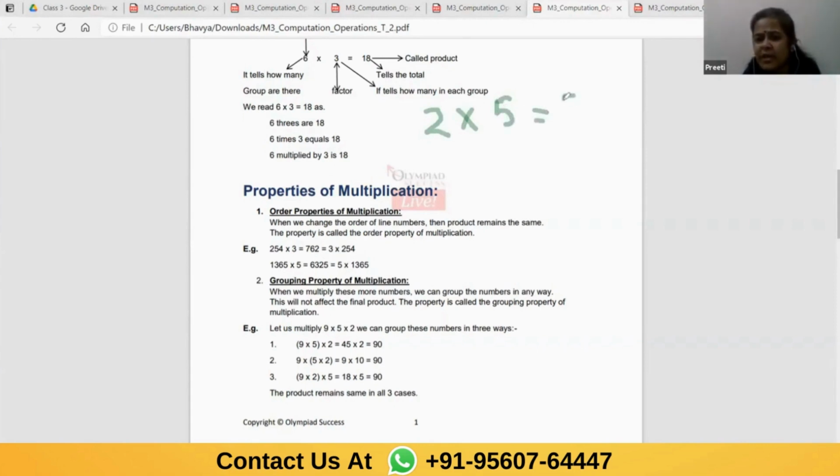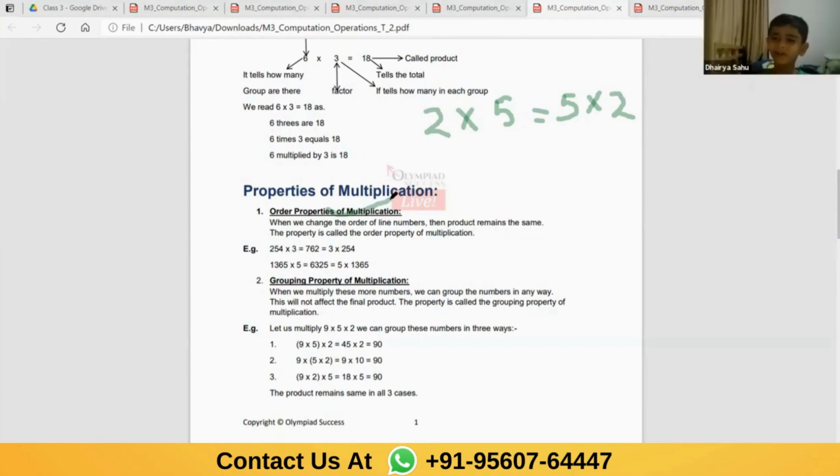No, ma'am. So it will remain the same. The order in which we multiply the numbers does not affect the answer. This is the order property of multiplication.